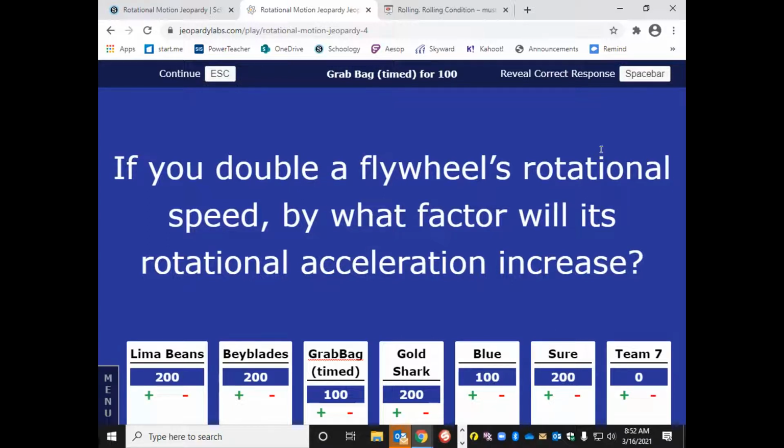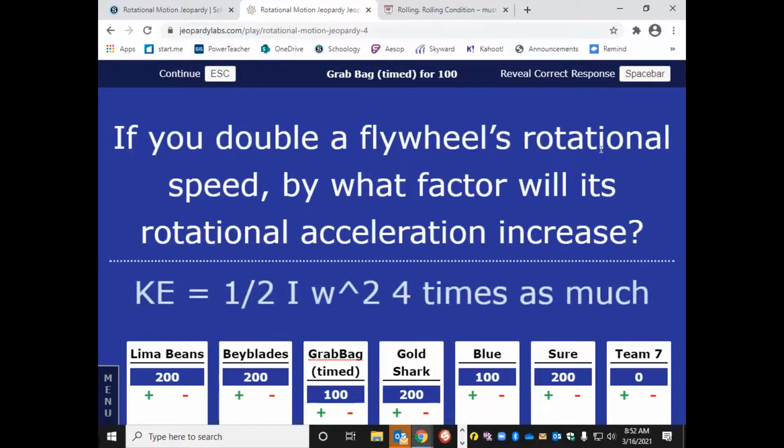Ten, 9, 8, 7, 6, 5, 4, 3, 2, 1. This is interesting because I'm looking at this and trying to understand what this is asking. But that's not what it says. It says rotational acceleration, but that should say rotational kinetic energy.